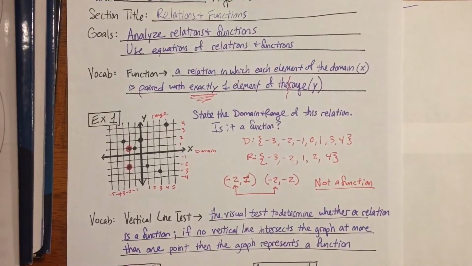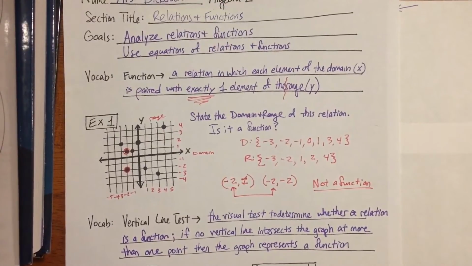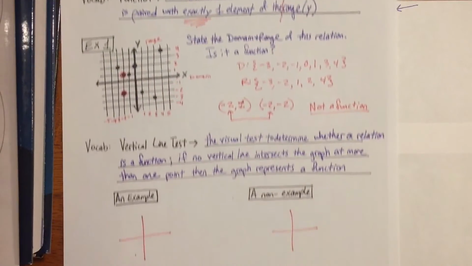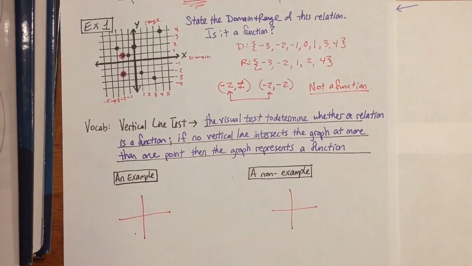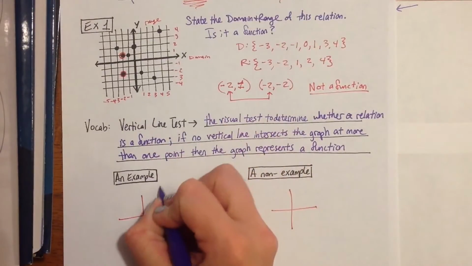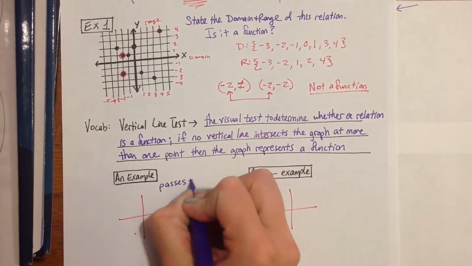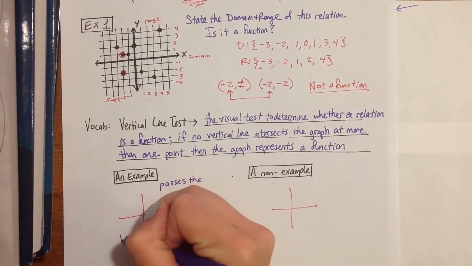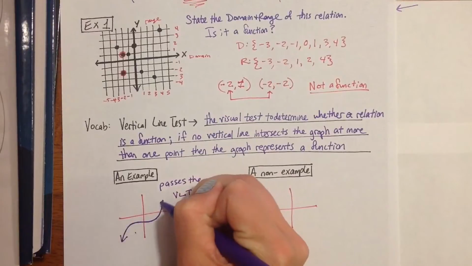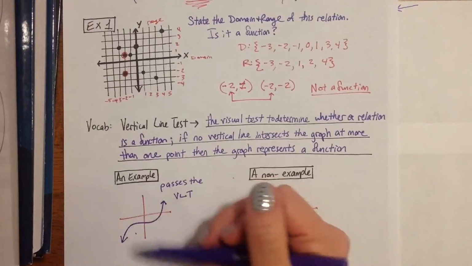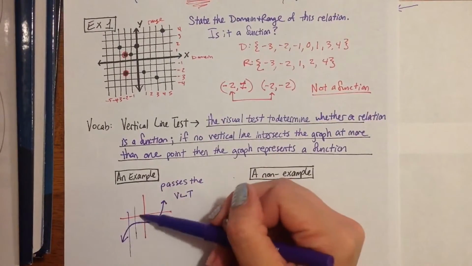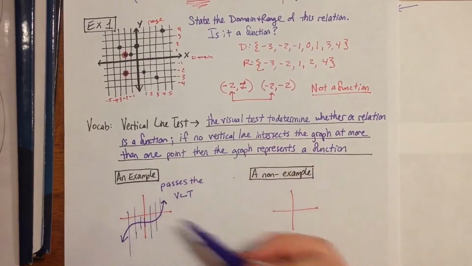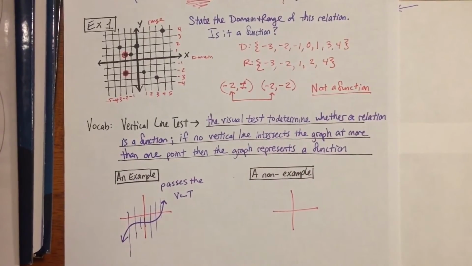So here's an example. Let's say I have a graph. An example of a function that will pass the vertical line test would be something maybe a little crazy, but it still passes. Look at that. At any given instant, a vertical line only passes through that graph one time.